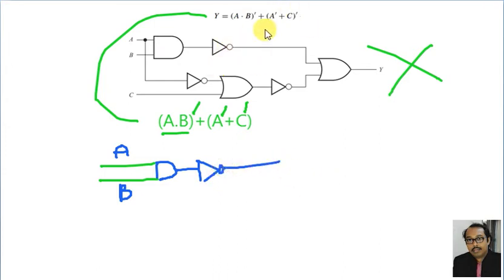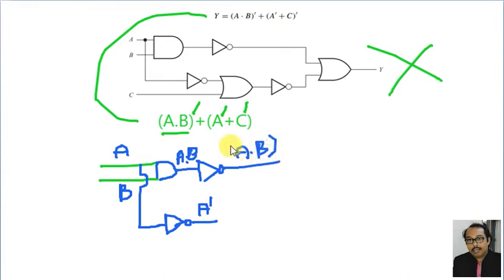Great. Now next one is A complement. Now this is A. There is a jump. I need to add a NOT circuit there. So this will be A complement. This is AB and this one is AB whole complement.